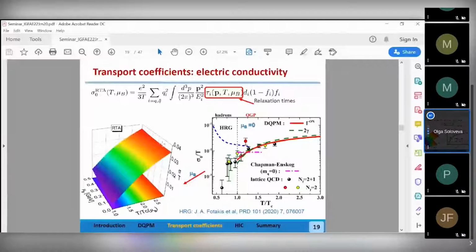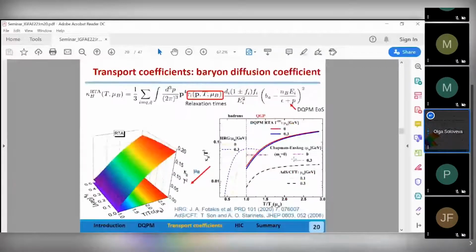trend. It is increasing with MIB, but for the baryon diffusion coefficient the trend is different, because here you can see that increasing the baryon density will increase the baryon diffusion coefficient. And here you can see a comparison with hadron resonance gas data and some Chapman-Enskog calculation for pQCD cross sections.